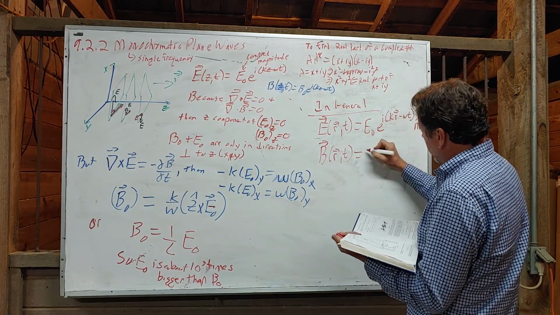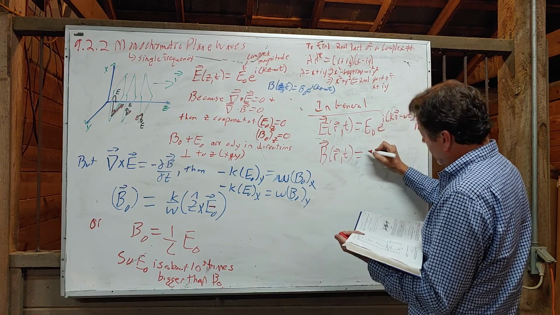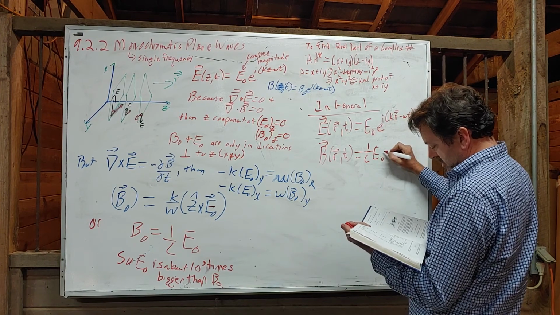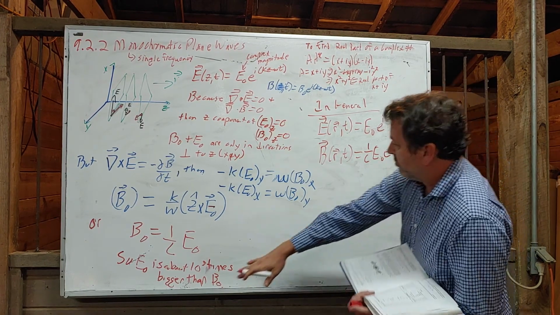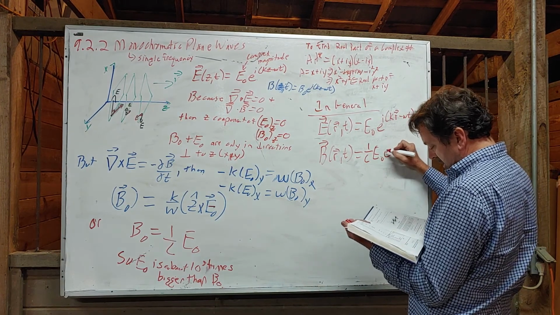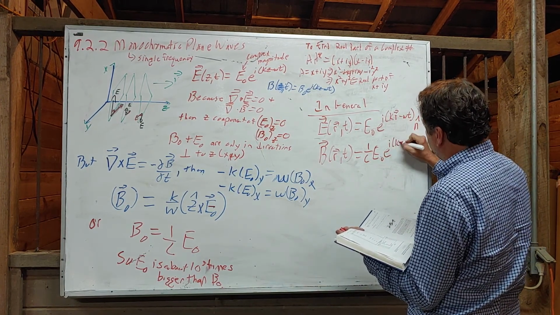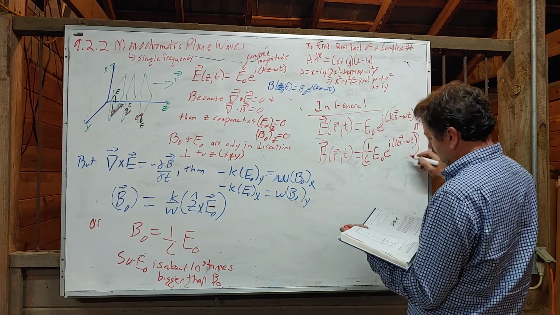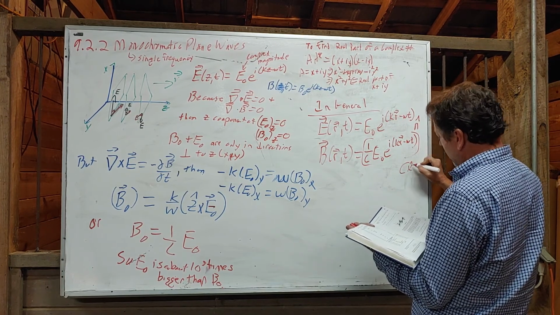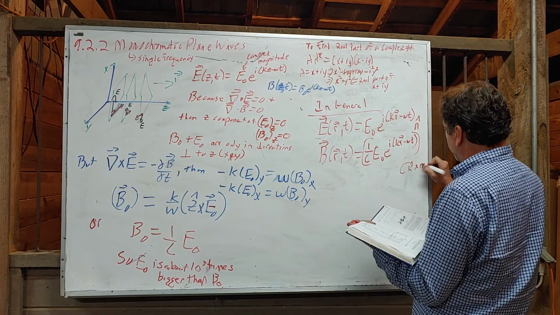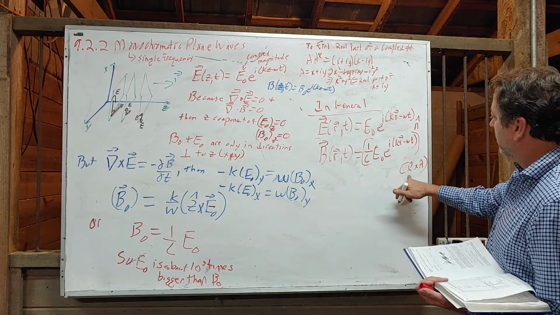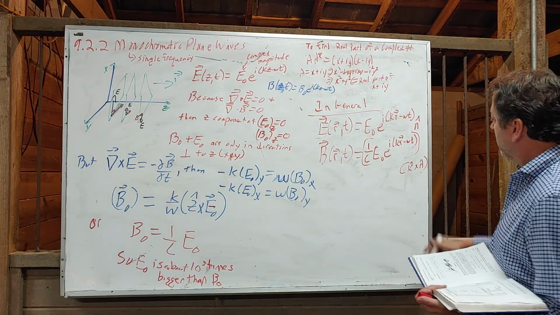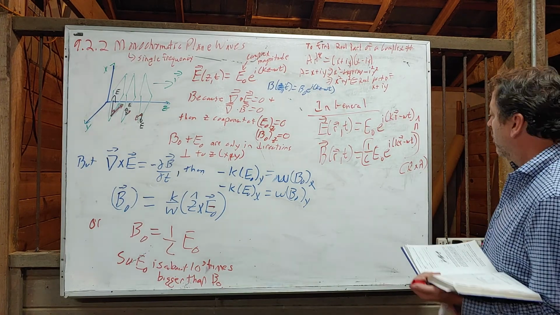Call it a couple different ways. 1 over c E naught, and this is just from right here, putting this in there, E naught e to the i k r minus omega t, and taking this times k hat cross n hat, where k hat's the direction of the wave, like z, the direction the wave is going, and n hat is just that direction normal to it.